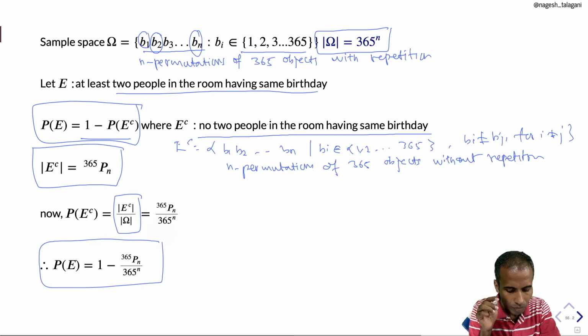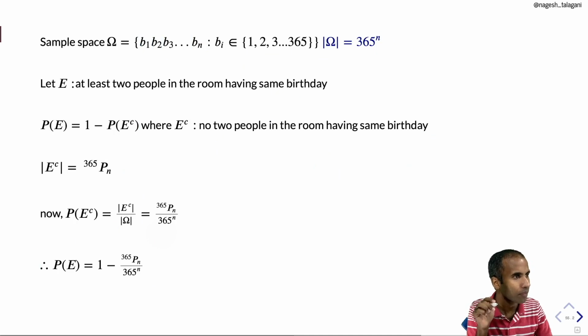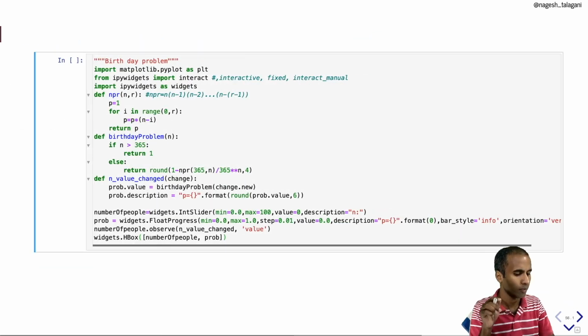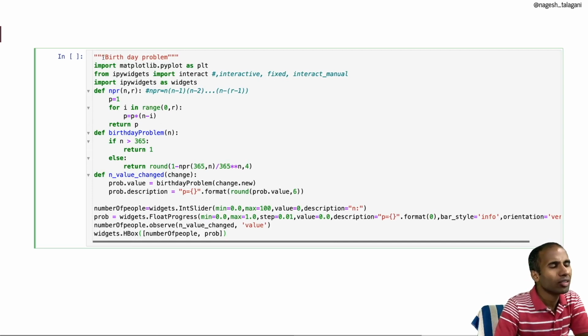Now, I've written a small Python code to compute this probability. We'll check for various values of n. Feel free to understand this code, it's very easy. Let me run it and check these probabilities.